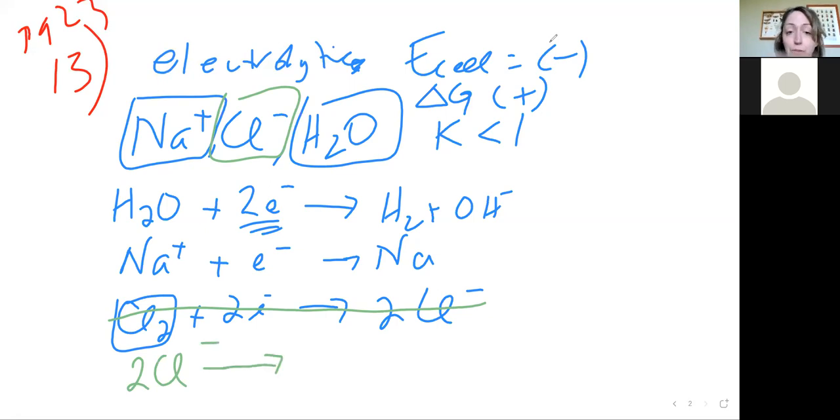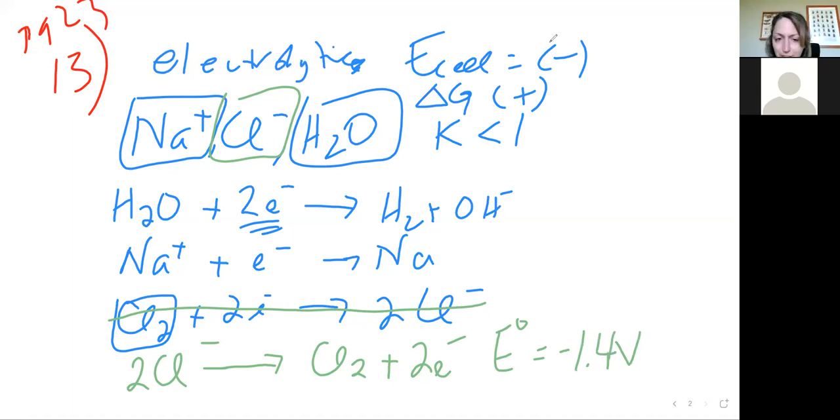I can take the 2 Cl- ions that are available in that solution and look into this oxidation. But as soon as I do that, whatever that E value is, I have to remember to switch the sign because I flipped it. I think that's the challenging part of this question. The top 2 are reductions, and the Cl- one is your only oxidation.